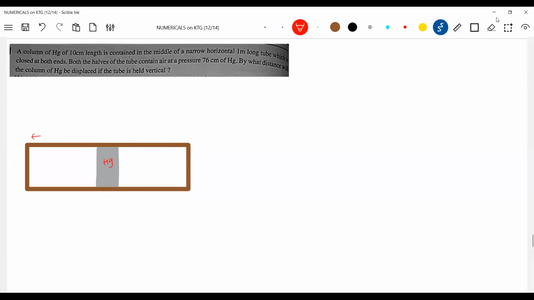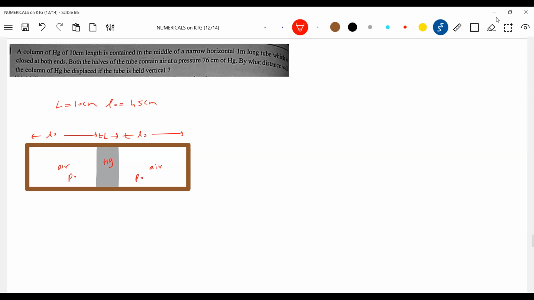Here this length we'll write L naught, and the length of the mercury let it be capital L only. L is 10 centimeter, L naught will be 45 centimeter. Here, this air, both contain pressure P naught initially.